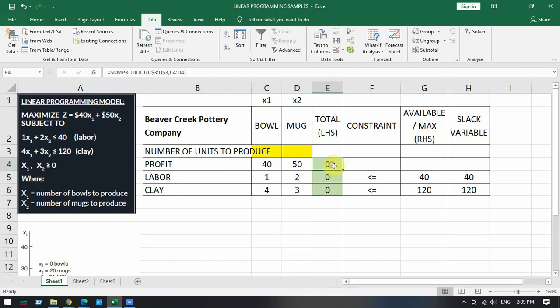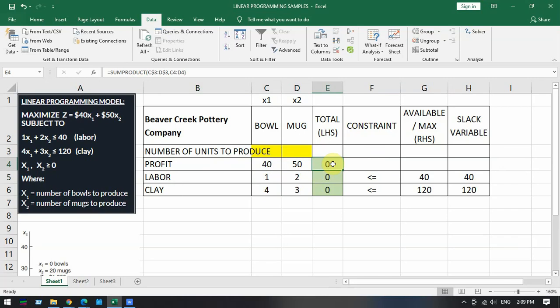For the total of our left-hand side, of course when it comes to profit, we know that it should be calculated as the profit per unit times our number of units to produce. So it should be this, I am highlighting it, times this.